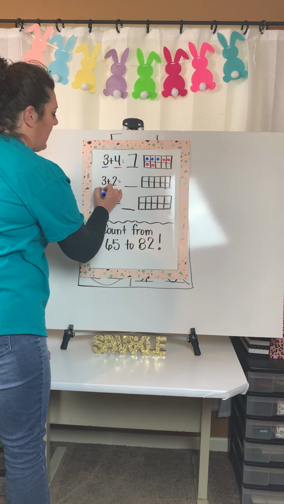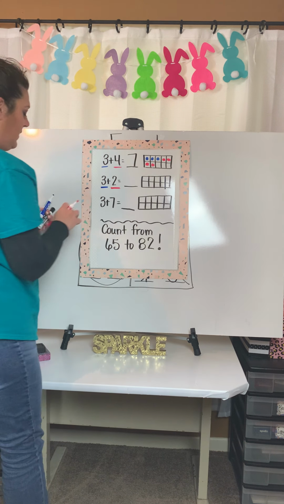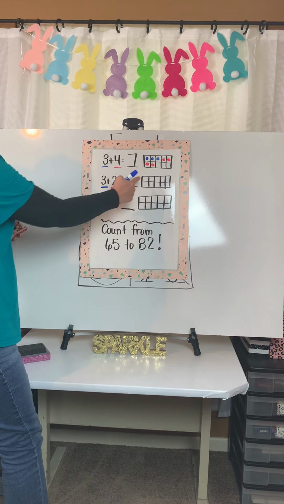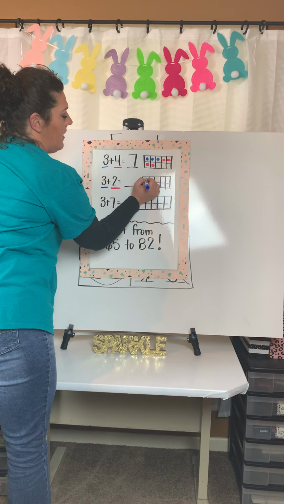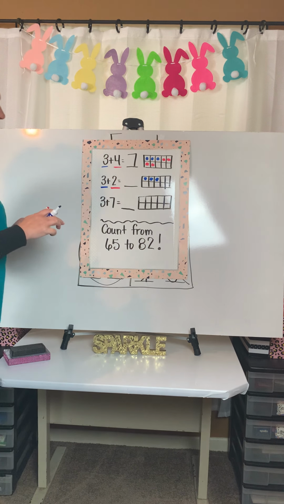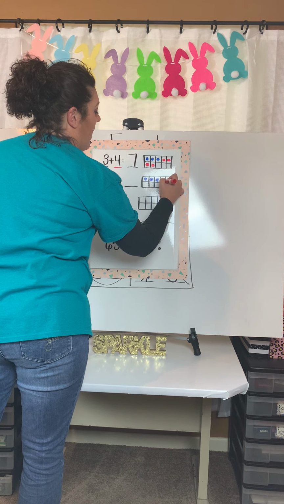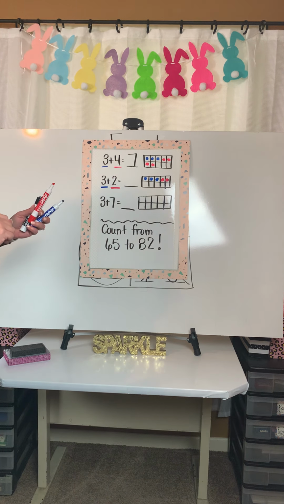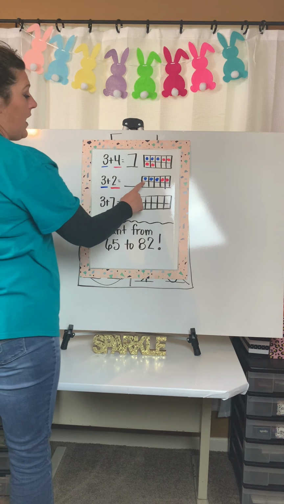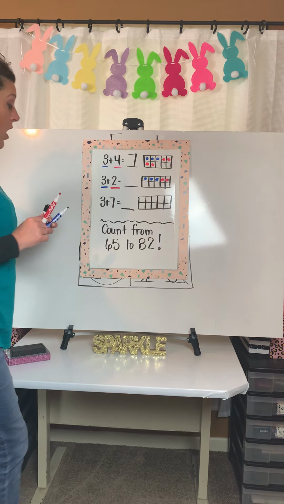We have 3 plus 2. So let's fill in on our tens frame 3 blue dots. 1, 2, 3. And we need 2 red dots. 1, 2. Now, friends, again, we can count these by ones. 1, 2, 3, 4, 5.